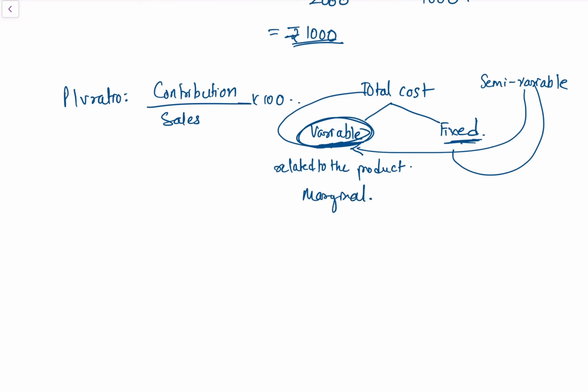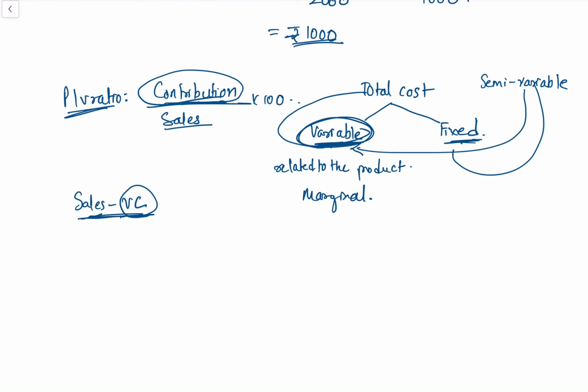Okay. So when we calculate PV ratio, which is contribution by sales, when we are calculating contribution, we consider only the variable cost. Why? Because contribution comes after sales minus variable cost, right? So contribution considers only the cost related to the product reduced from the sale. We are not reducing the other costs, other than the product cost, from the sales at this point.